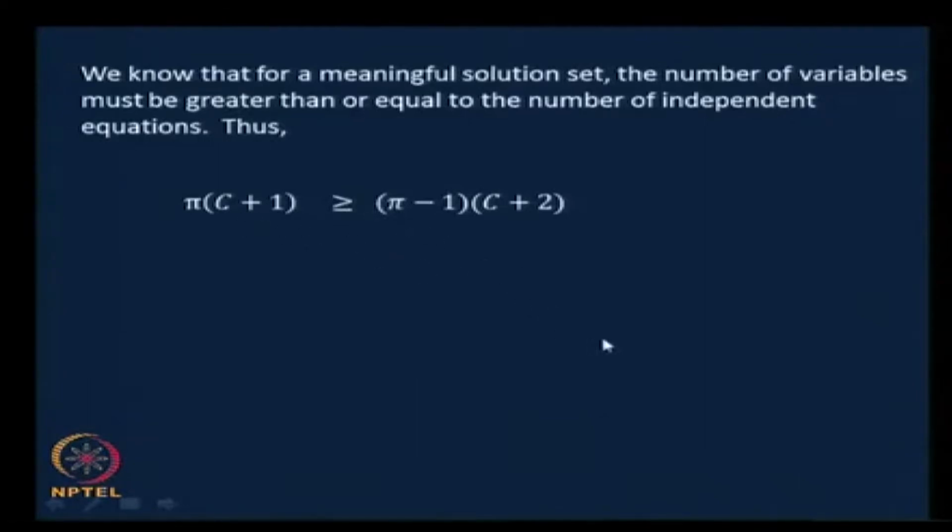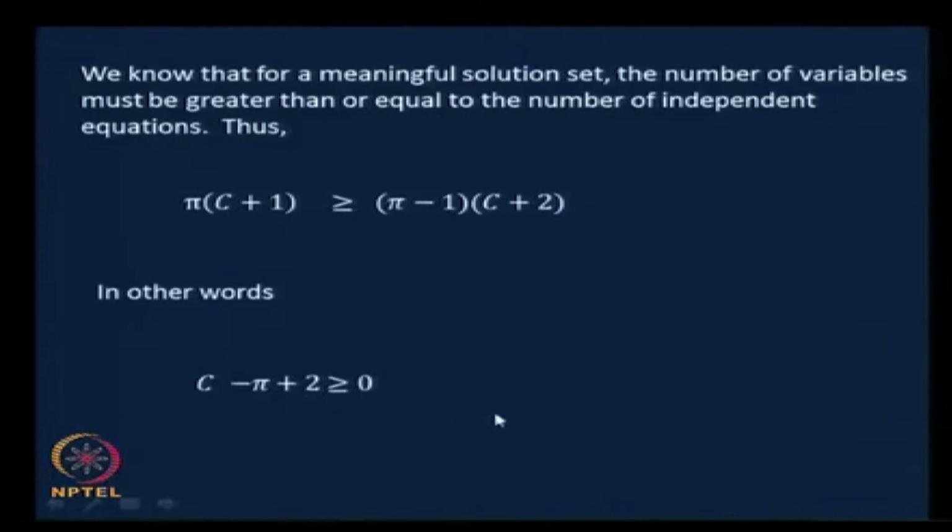And when we transposed this to get a 0 on the right hand side, we got C minus pi plus 2 must be greater than or equal to 0. In other words, if C minus pi plus 2 equals 0, we have a unique solution set, and if C minus pi plus 2 is greater than 0, then if we are able to supply that many variables, the system is uniquely defined.